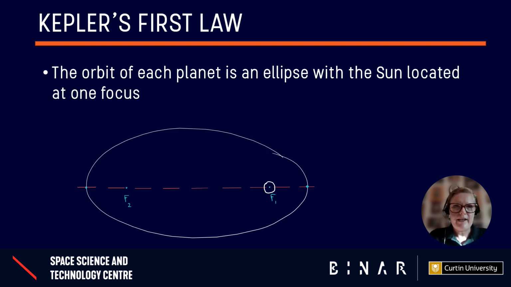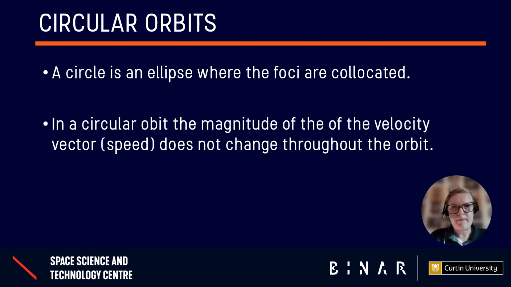It might be an ellipse that's quite close to a circle, or one that's not very close to a circle. We call this stretchiness, this elongation of the ellipse, the eccentricity. A circle has an eccentricity of 0, and an ellipse like this has an eccentricity somewhere between 0 and 1. And so that is Kepler's first law.